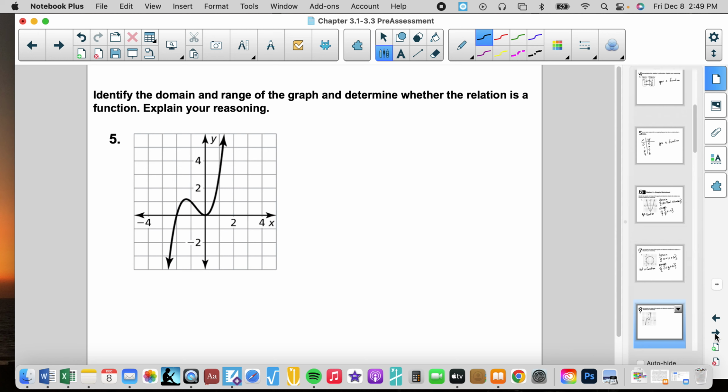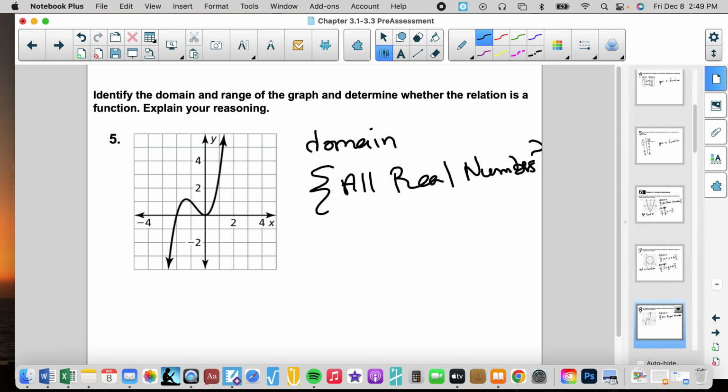Identify the domain and range of the graph and determine whether it is a function. So the domain, again, is all real numbers. In this graph, even though it looks like it goes up and it doesn't go past 4, it will. It will just continue to go. It just won't get out to positive infinity for a long time, but it'll get there.